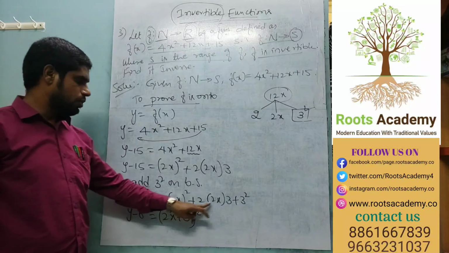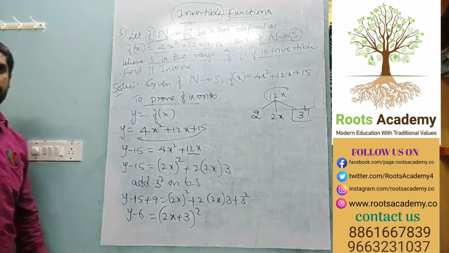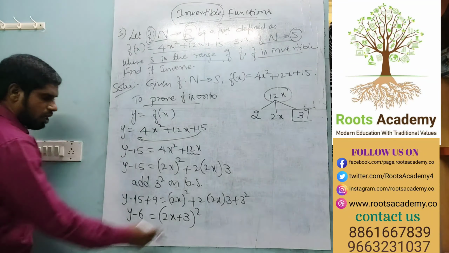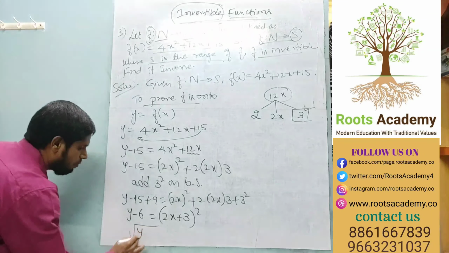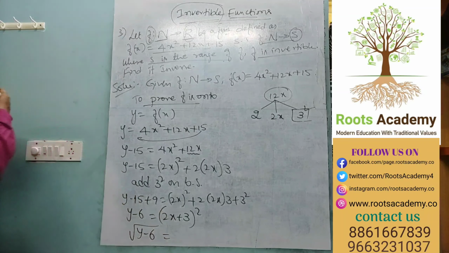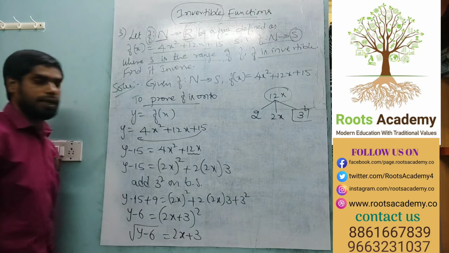A square plus 2ab plus b square is nothing but a plus b whole square. Now student, I will shift this square to this side, so it becomes root. So root of y minus 6 is equals to 2x plus 3.